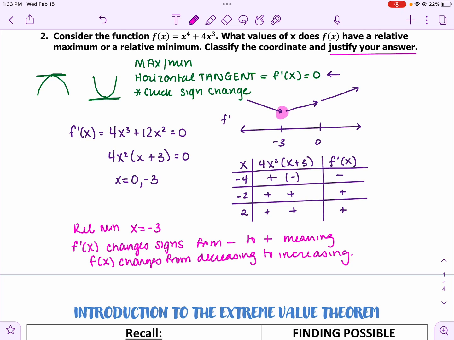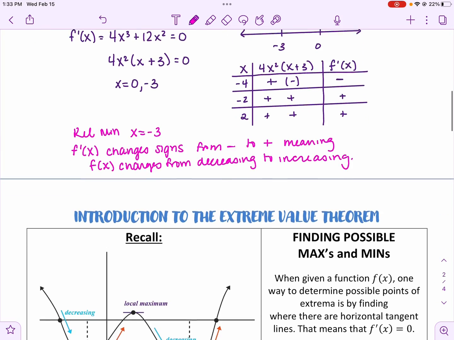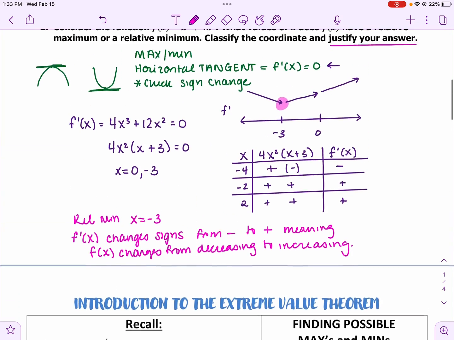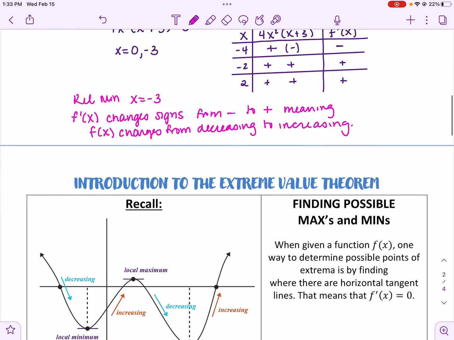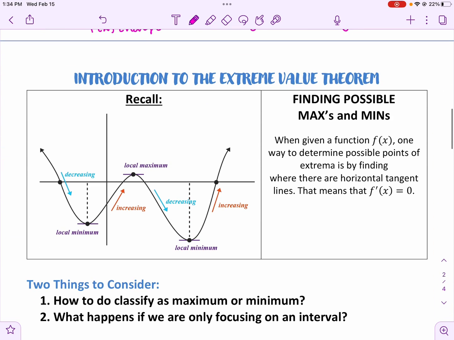So how does this all play a role in terms of bigger picture things? Well, guys, our goal is to tie these skills back to what we call the extreme value theorem. When we talk about an extreme value, what we're really talking about is our absolute max or min.